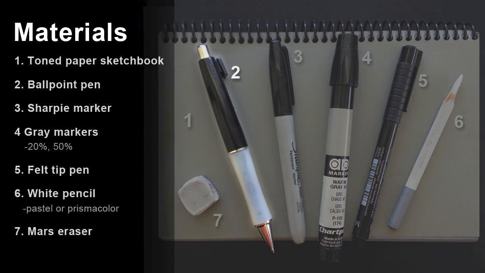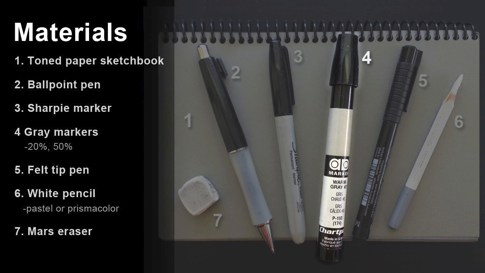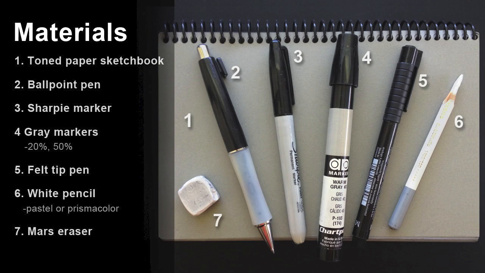Next, I have a ballpoint pen, and the ballpoint pen is just what I do the bulk of my drawing with. Next, I have a Sharpie marker, and Sharpie is great for establishing the darks. Next, I have a series of gray markers, so I typically carry a 20% and a 50%. Like a number 2 or number 5, any kind of light gray or any kind of middle gray is fine for this.